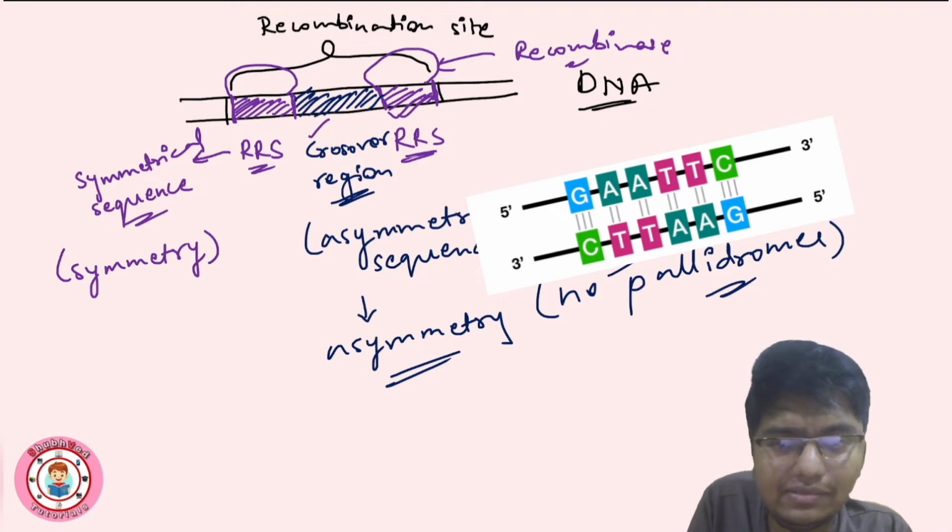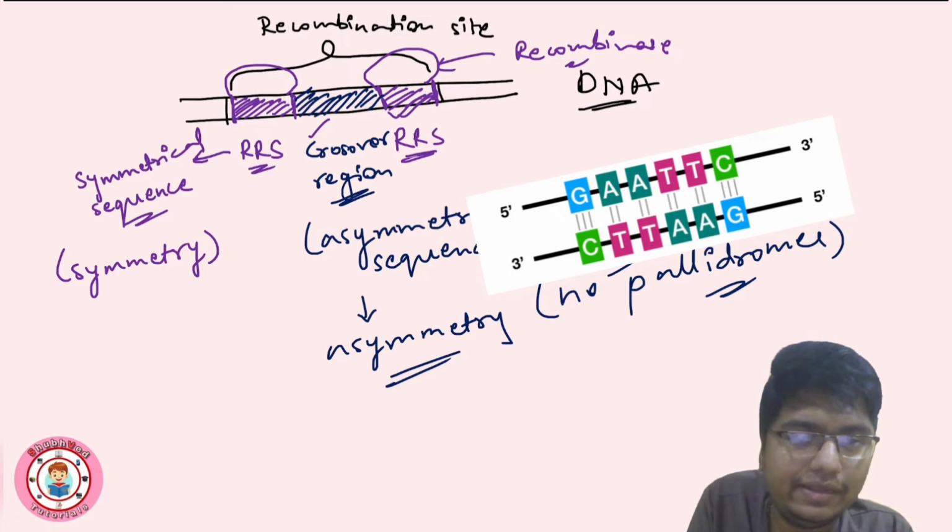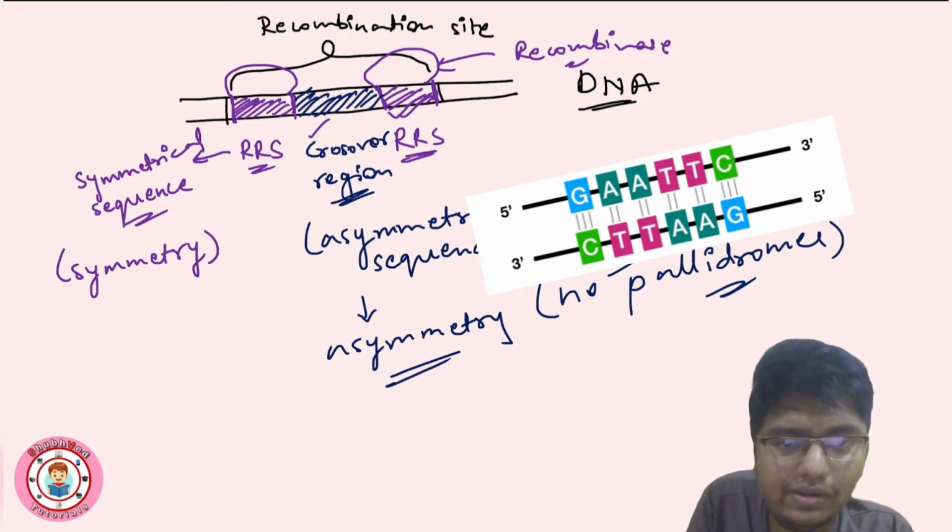No palindrome means the repeats are not palindromic, and this gives rise to asymmetry. So the crossover region has asymmetry, and the recombinase recognition sequence has symmetry.